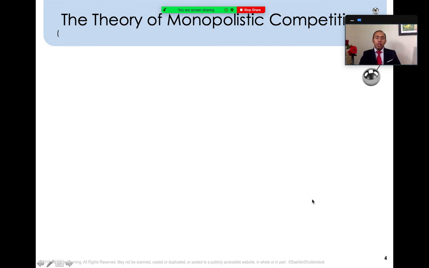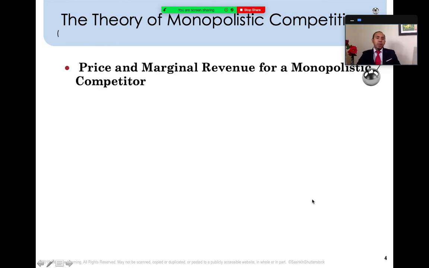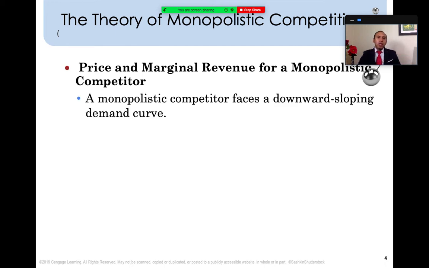a monopoly would. Now, when we're looking at monopolistic competitors, the price and the marginal revenue are set in a specific manner in order to maximize profits. The monopolistic competitor also faces a downward sloping demand curve, and this downward sloping demand curve allows them to set or have some form of control over their price.